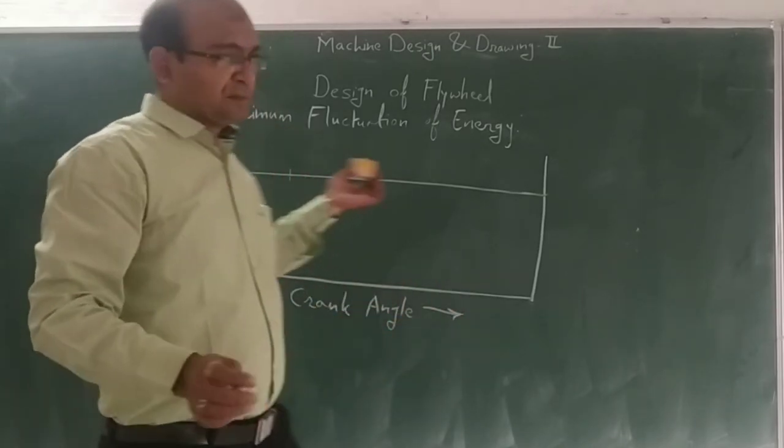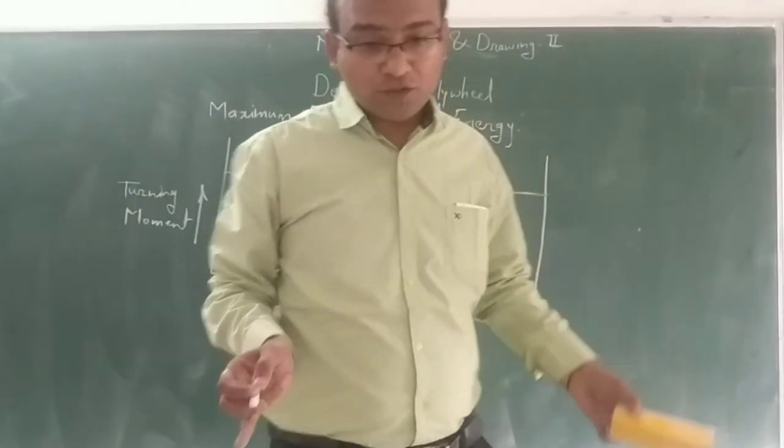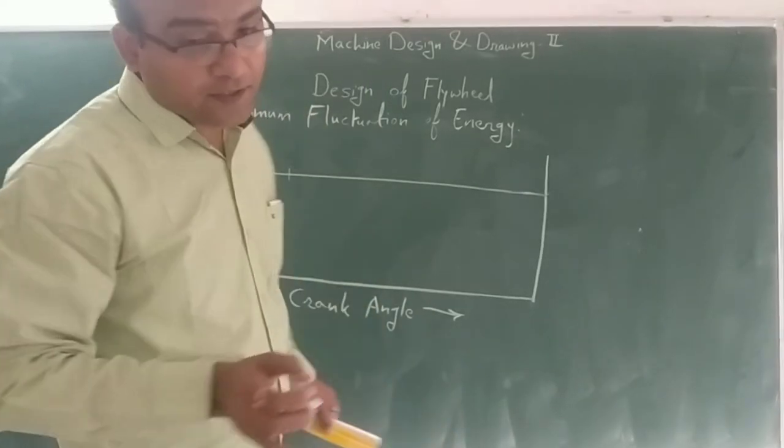Then remaining is the fluctuation. So A to G.